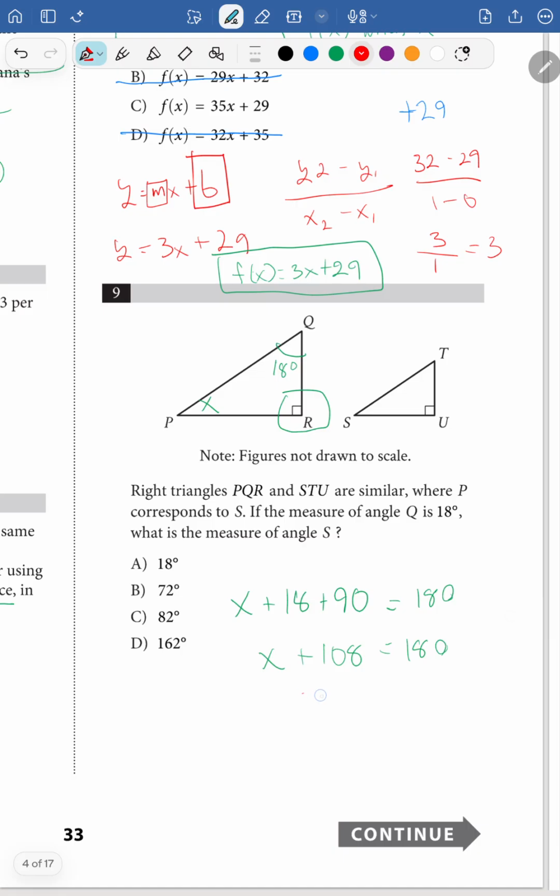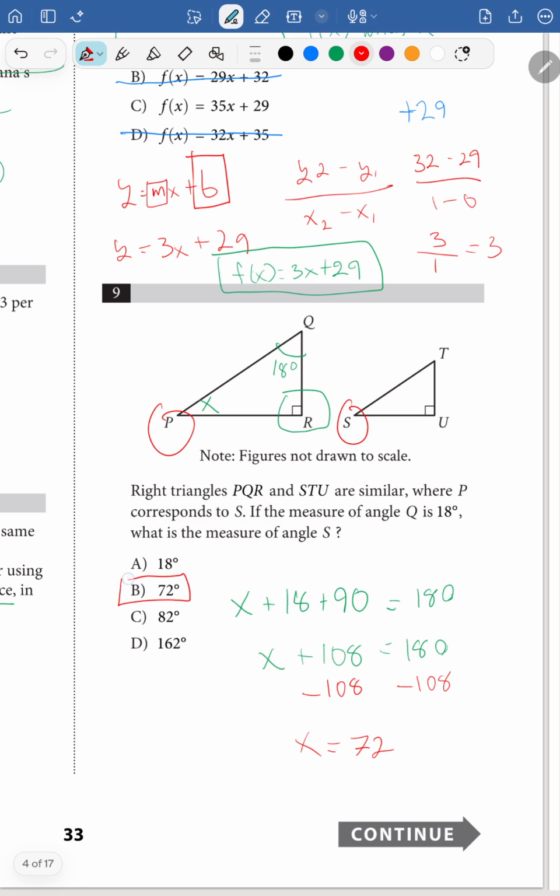And what we do to this side, we have to do to the other side. And that gets you X is equal to 72. And we know that P is corresponding to S, so they should have the same value of the angle. And that is the answer, B.